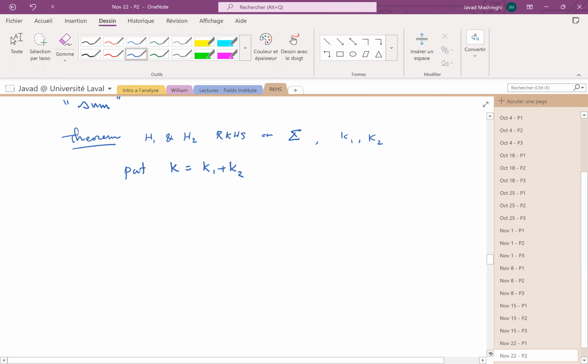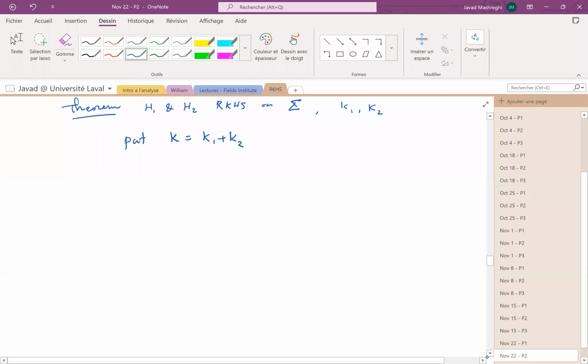Well, if you add two positive kernel functions, the result is positive, so there is no extra condition here. But still, there is a question: what is H of K? Then H of K is what you imagine it has to be: the set of all f1 plus f2 such that f1 is in H1 and f2 is in H2. But be careful here.